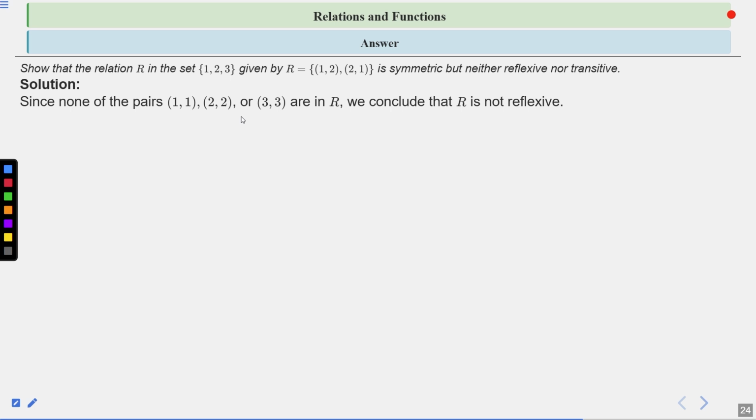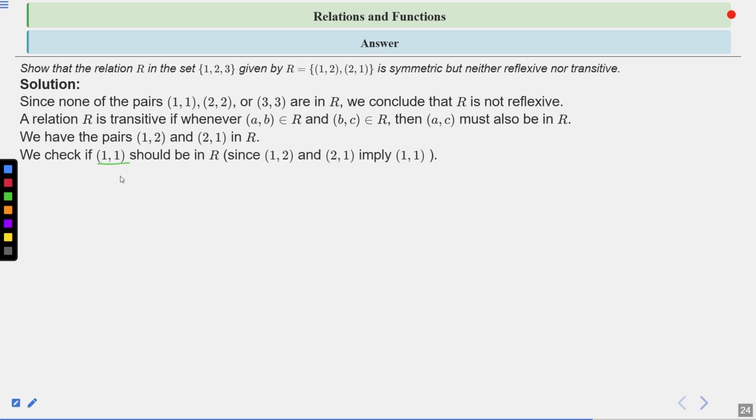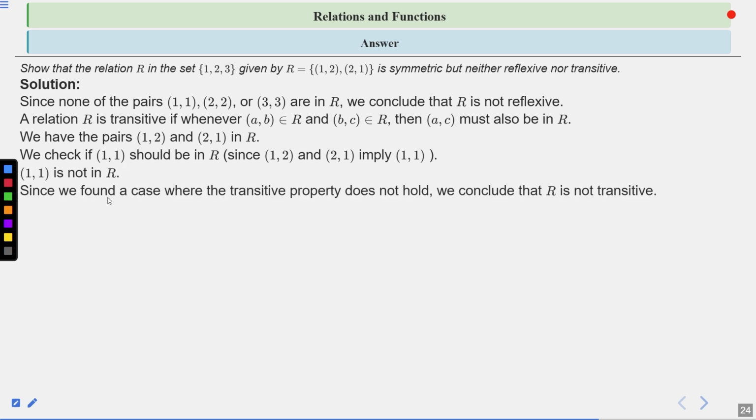For transitivity we require two pairs (A, B) and (B, C) belonging to R, and we need to show (A, C) must also belong to R. But this is not satisfied here, since the pairs (1, 2) and (2, 1) belong to R, while (1, 1) doesn't belong to R. Since we found a case where the transitive property doesn't hold, we conclude R is not transitive.